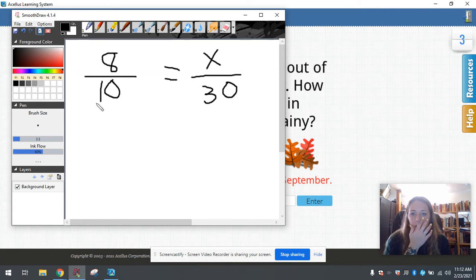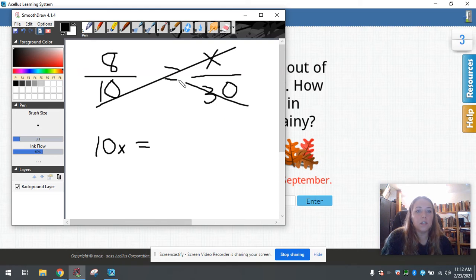And now we will do our cross multiplication. 10 times x, 10x, equals 30 times 8, which is 240. I did that really quickly in my head because 8 times 3 is 24. Add the 0 at the end, you get 240.